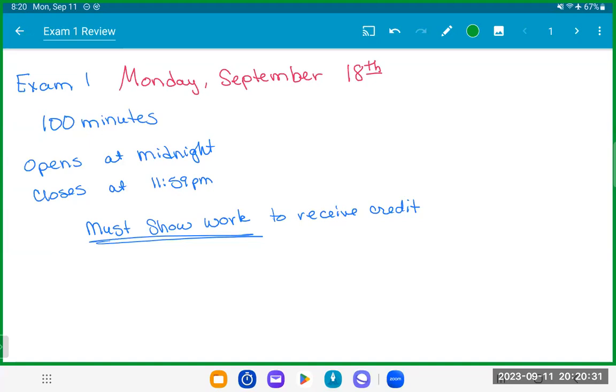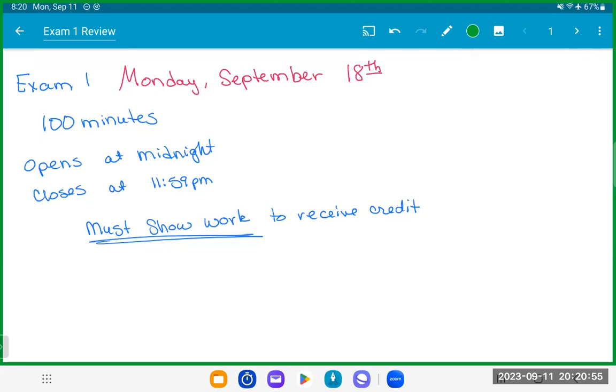The one thing I will say is you need to make sure and start the exam before 100 minutes. So I think 10:20 p.m. if you want to be able to have at least the whole 100 minutes on the exam. Otherwise, if you start the exam at 11 p.m., you're only going to have 59 minutes to work on it.